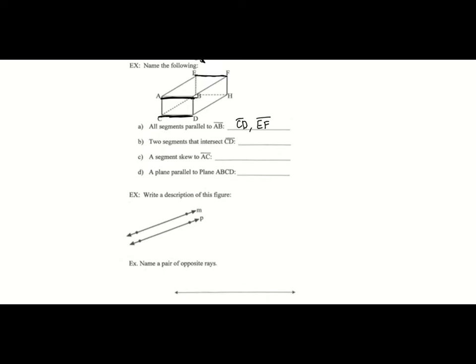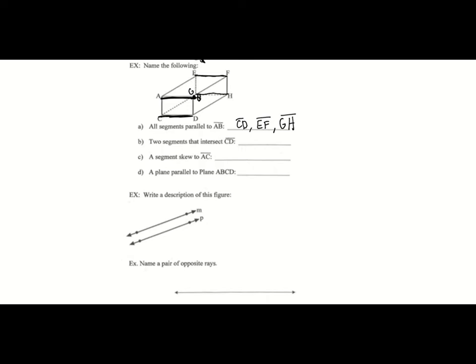This B is this point right here. So this point in my back corner is actually point G. So that is segment GH. So I have 3 segments parallel to AB, never going to touch and going in the same direction.